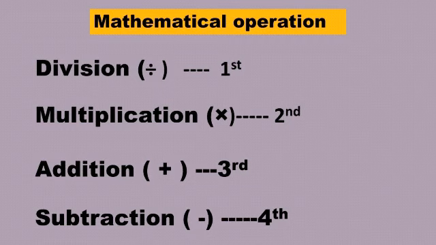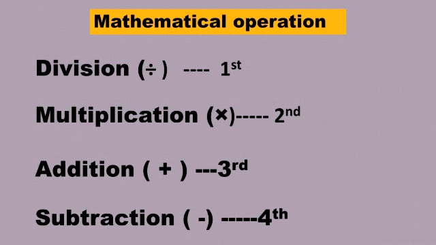So in the first part of the video, I will discuss mathematical operation. Before starting mathematical operation, there are some rules. You know the four basic operations are involved in mathematical operation: division, multiplication, addition and subtraction.